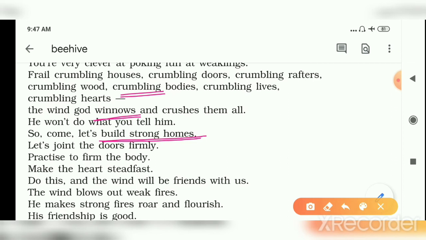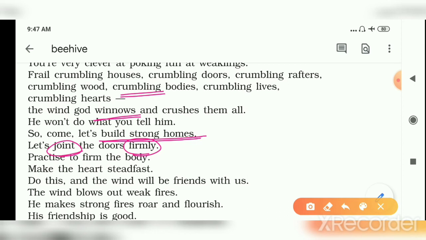Let's join the doors firmly, tight, in a right way. Exactly. Joint. Doors should be shut firmly in a right way.